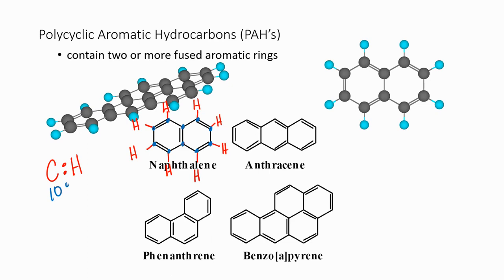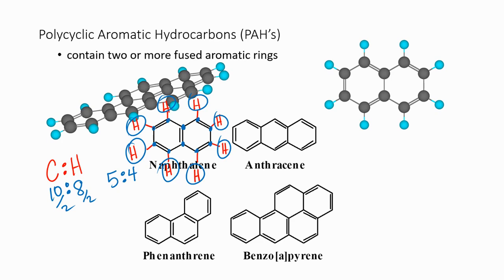With those two benzene rings, we might expect it to have 6 and 6, or 12 carbons, but they're sharing these two central ones, so it only has 10 carbons. And then if we look at hydrogens, there's 1, 2, 3, 4, 5, 6, 7, 8 hydrogens. So we have a carbon to hydrogen ratio of 10 to 8, or if we simplify that, 5 to 4 for naphthalene.